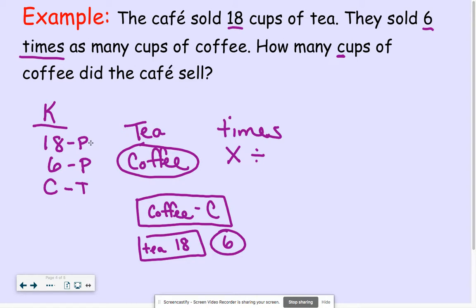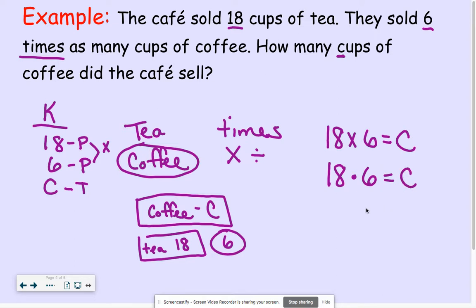Well, because our two knowns are parts, we will be multiplying, because you multiply part times part. So our equation is going to say 18 times 6 equals C. Now, in 4th grade, remember, we're trying to eliminate the X. So it really should look more like this, understanding that the dot means multiplication.